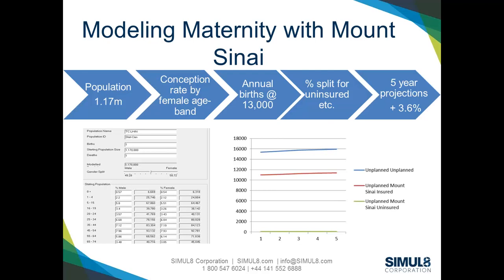And on the slide at the moment, we've got the population of the Toronto Central LHIN, and we looked at the conception rate by female age band, which gave us an annual number of births, and then we split that for what we expected to be the uninsured group, and also looked at how the population was changing, and with those fertility rates, what that might mean for increased numbers of births over time.